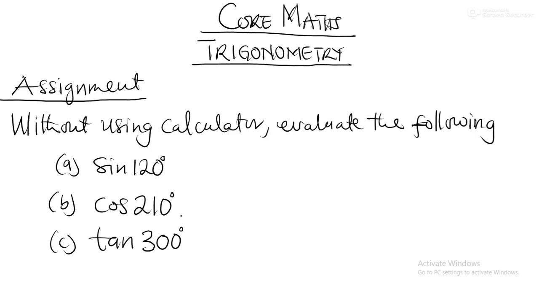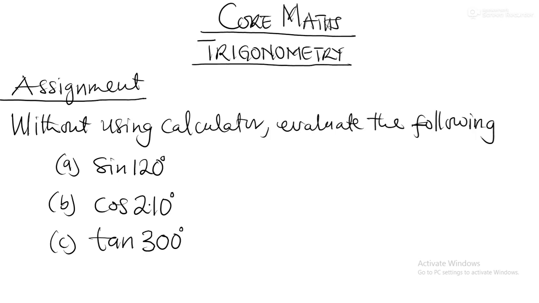Now, aside from the quadrant, you also have to look for the sign of the trig ratio in those quadrants. We know that sine is positive in the second quadrant, and therefore sine 120 degrees will be a positive value.